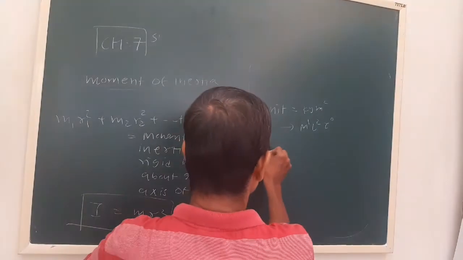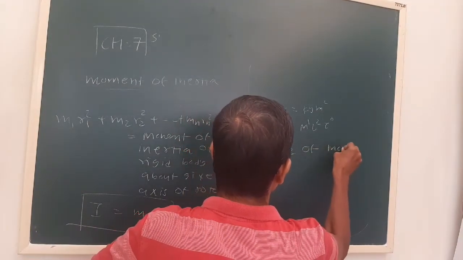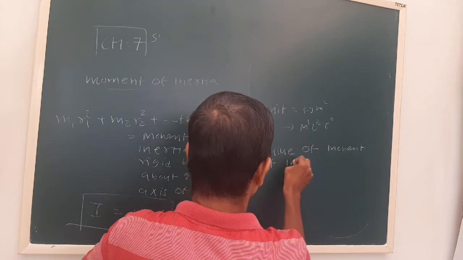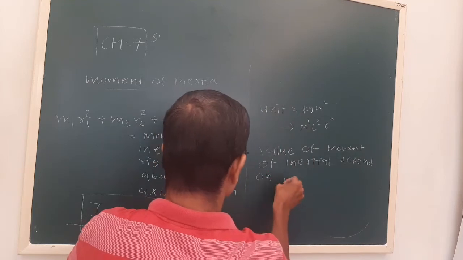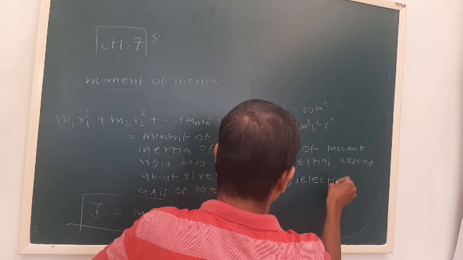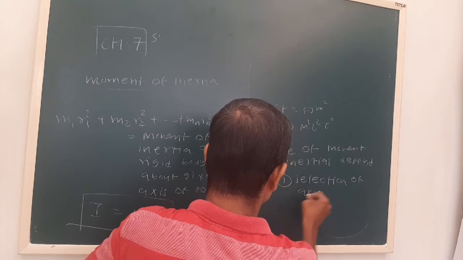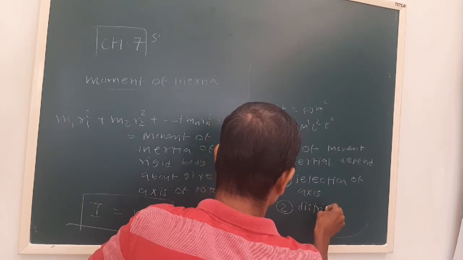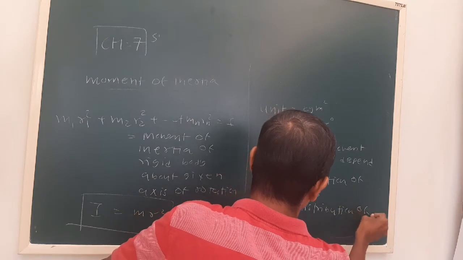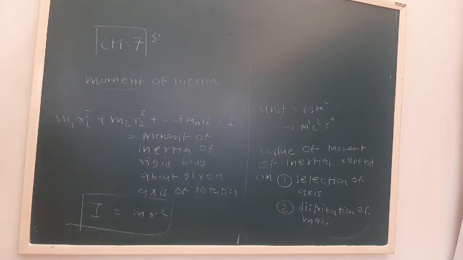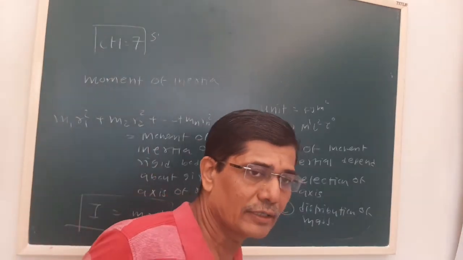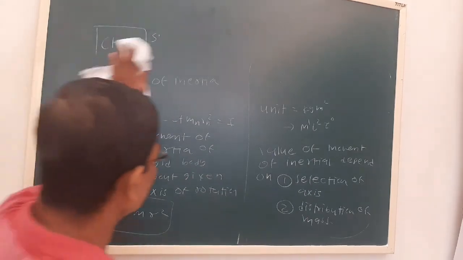Because the value of moment of inertia depends on, first, the selection of axis, and second, the distribution of mass. So that's why the same body can have more than one value of moment of inertia.